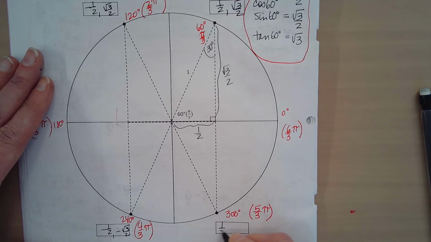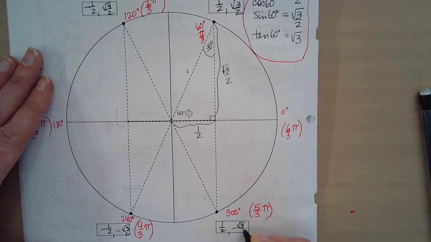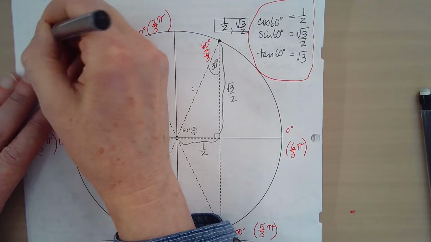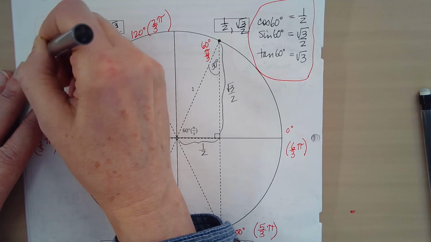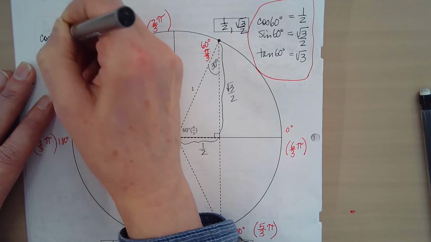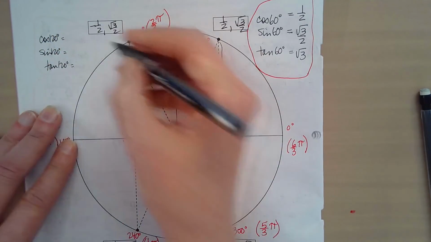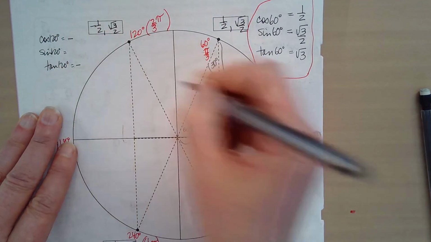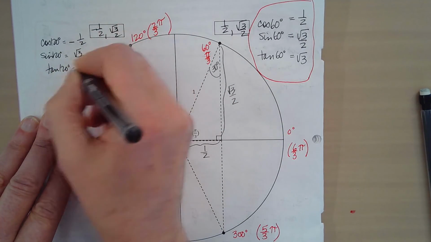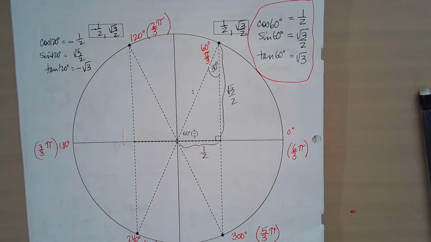And down here, positive 1/2, negative root 3 on 2. And once again, we've got cos of 120, sine of 120, tan of 120. These two will be negative, right? Only sine stays positive.